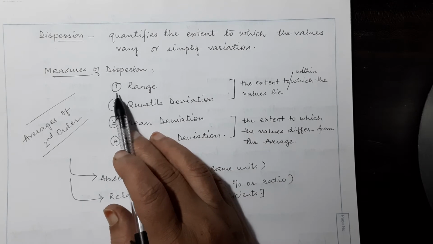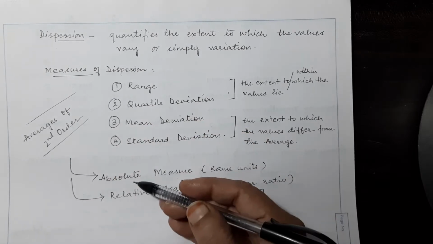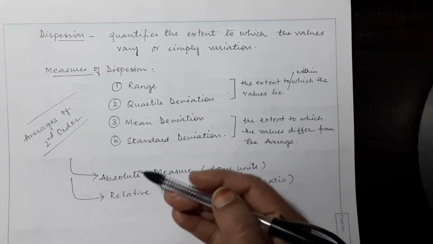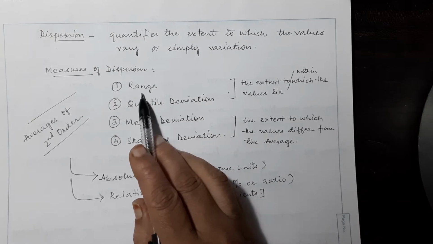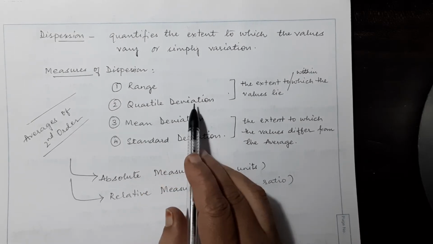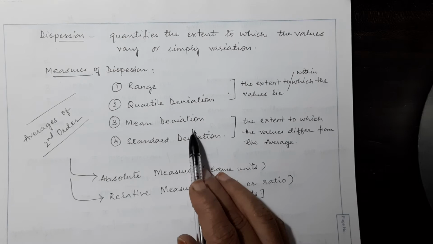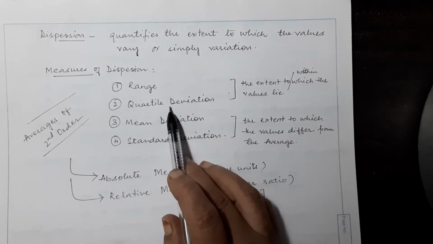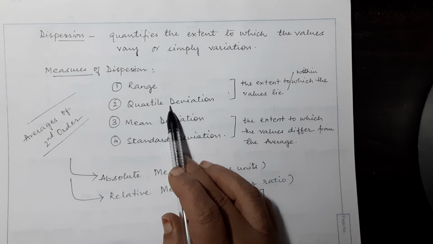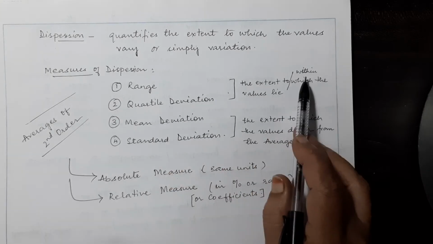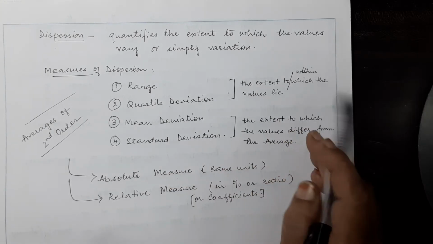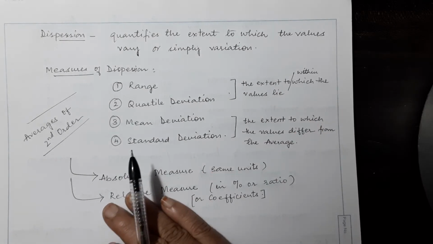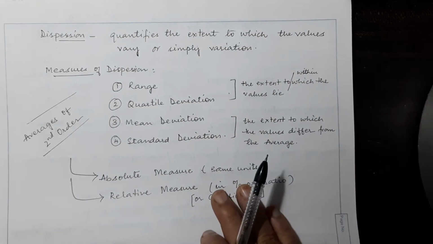Now this dispersion has various measures, and they are range, quartile deviation, mean deviation, and standard deviation. Range and quartile deviation measure the extent within which the values lie.